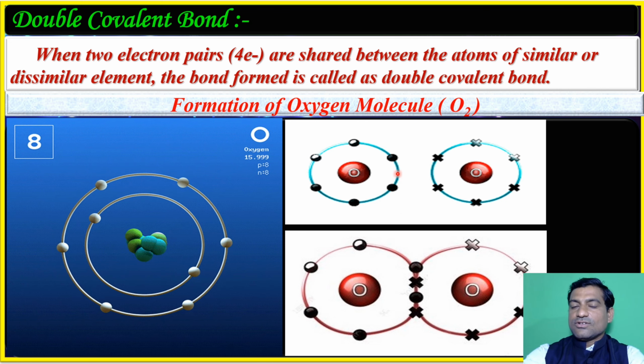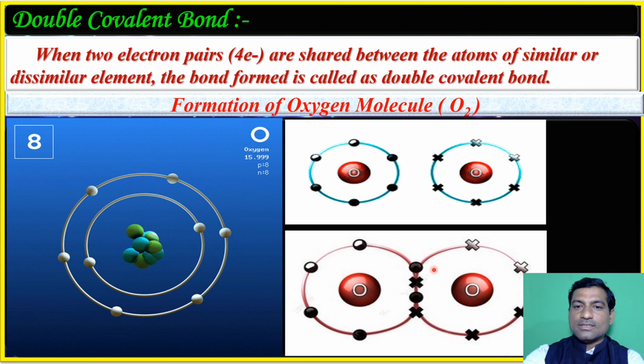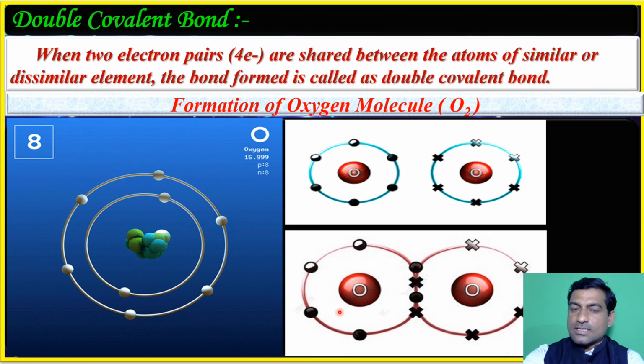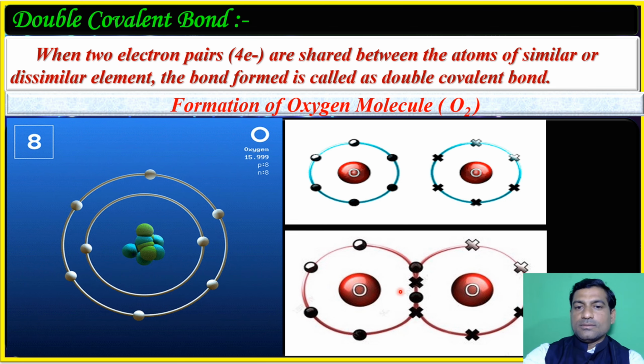See here, the last orbit contains 6 electrons, and this oxygen also contains 6 electrons in the last orbit. One oxygen can share 2 electrons, another oxygen can share 2 electrons. See here, these 2 electrons of this oxygen and those of the other, 4 electrons are shared between 2 oxygens, and there is a formation of a double bond.